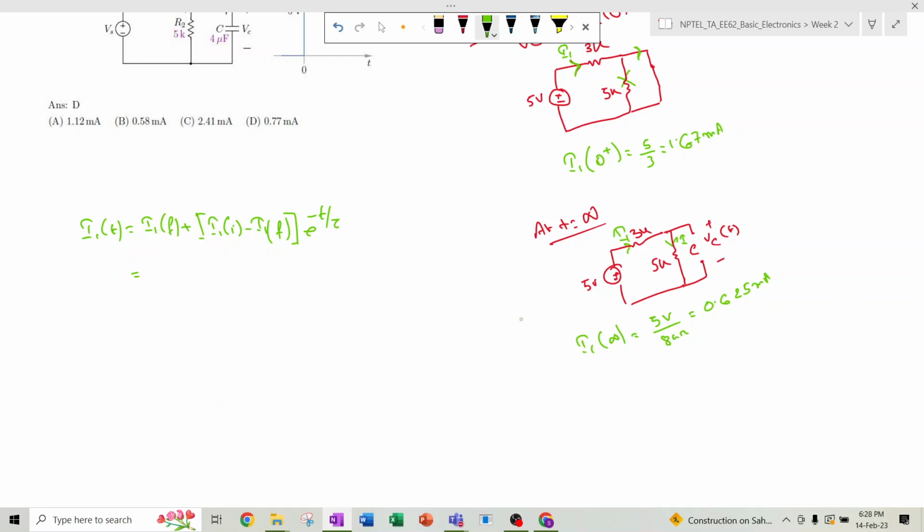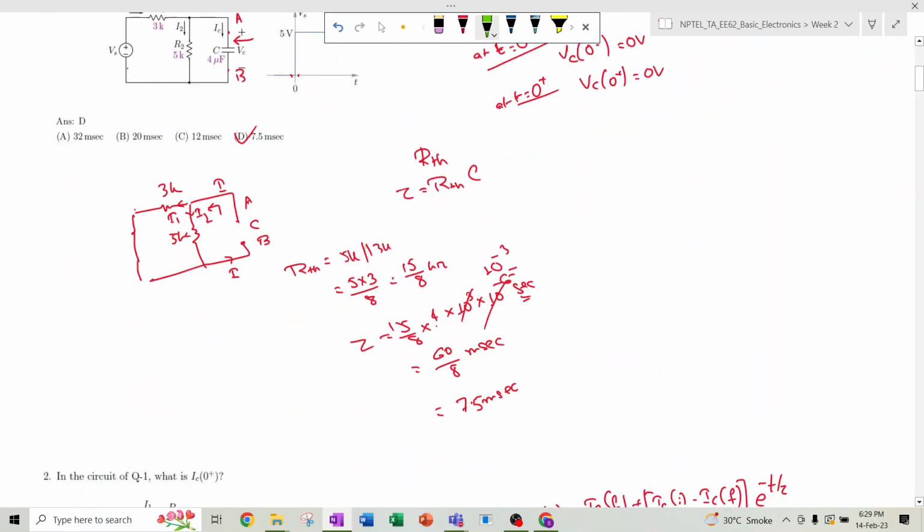So I1 final value, which is at infinity, is 0.625, plus the initial value at t equal to 0 plus, which is 1.67, minus the final value 0.625, into e to the power minus t divided by tau. Tau we have already calculated in the first question. This tau is 7.5 millisecond.